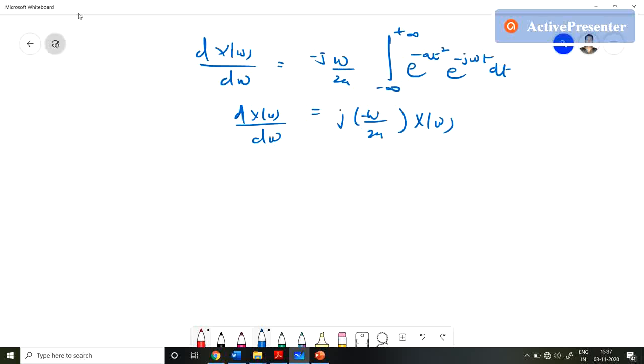So this is simply a differential equation.